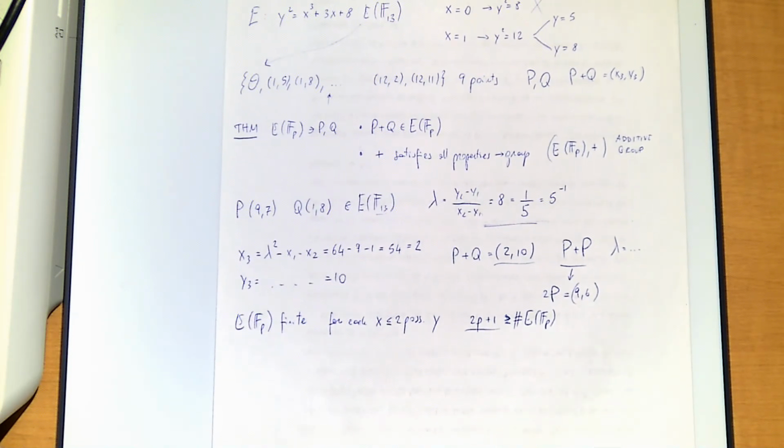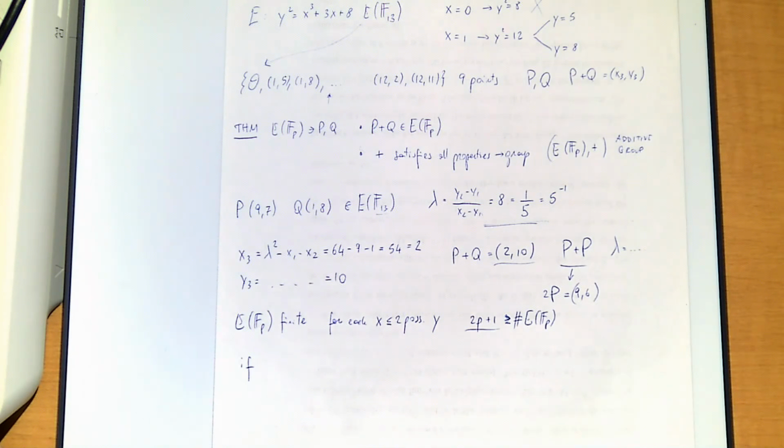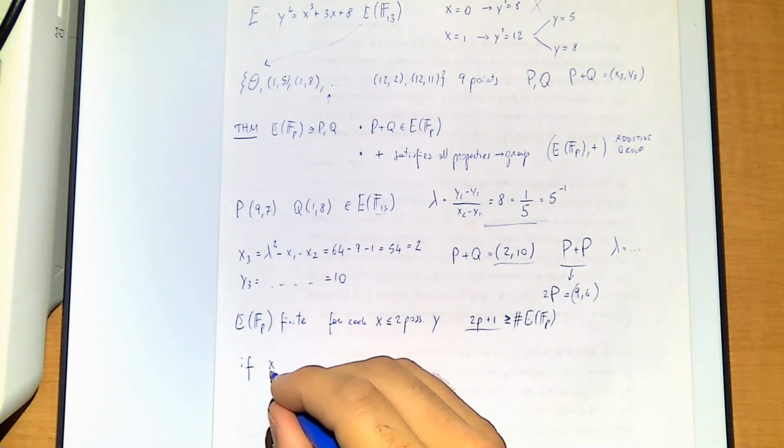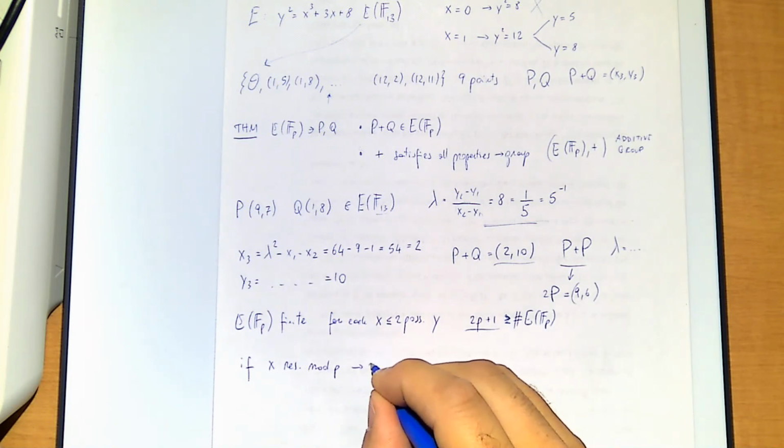And so, when we plug in a value for x, and again, in principle, we have at most 2 possibilities for y, there are in fact 3 things that can happen. If the value of x is a residue mod p, then I get 2 solutions.